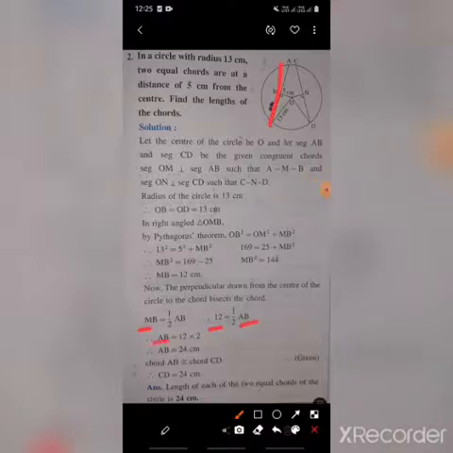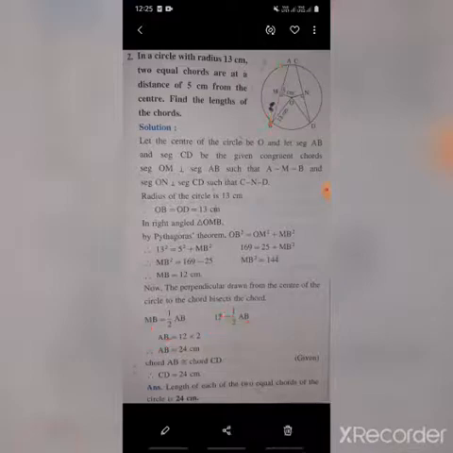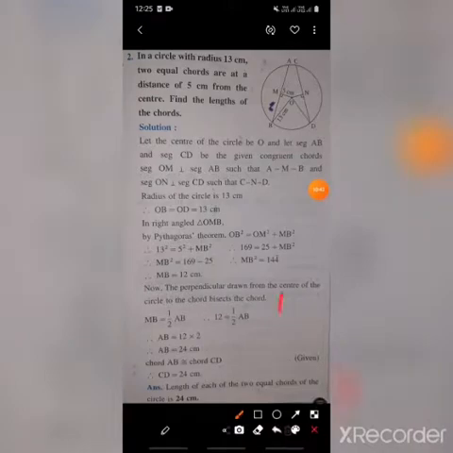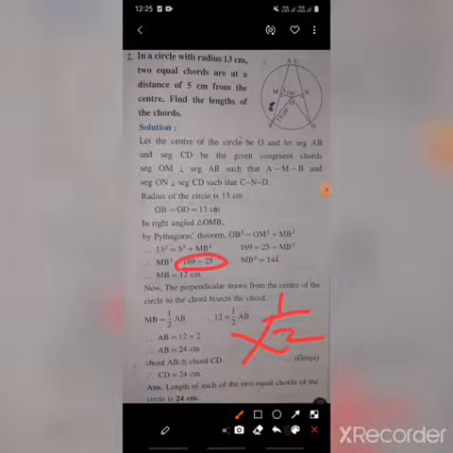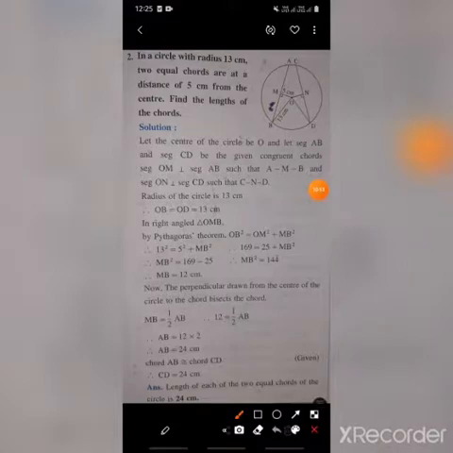AB as it is, and it will be changed to a multiply sign because here it is in divided form. If it were not in divided form, it would be changed to a plus or minus sign. So 12 times 2 is 24. So the chord AB is 24.